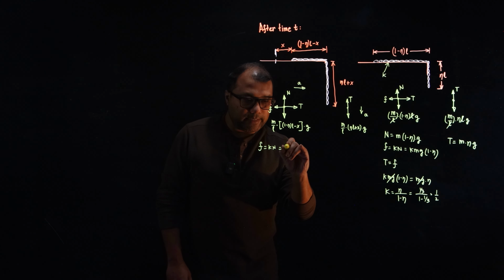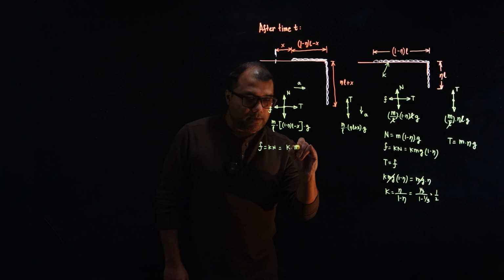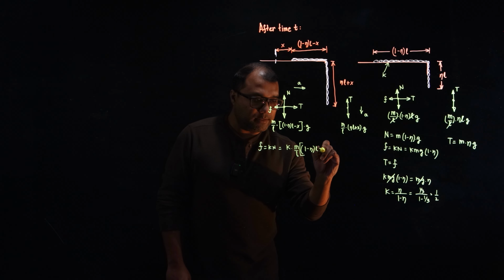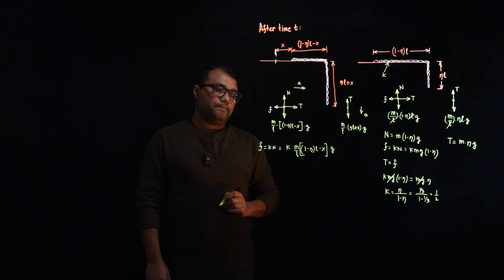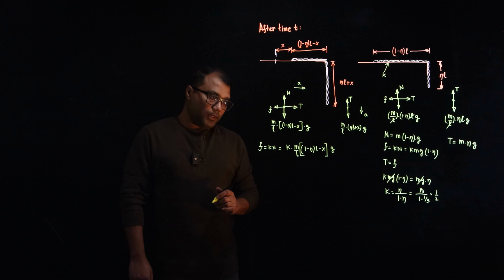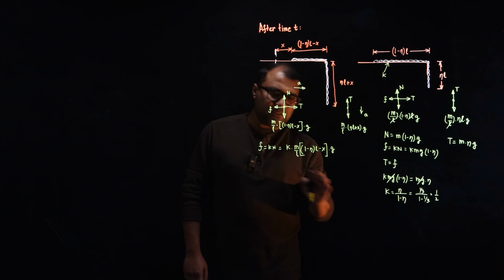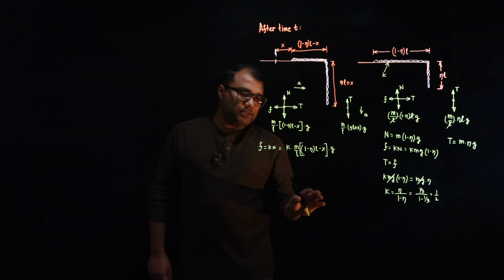So we can simply write k m by L times 1 minus eta L minus x, times g. Let's just keep k as it is.